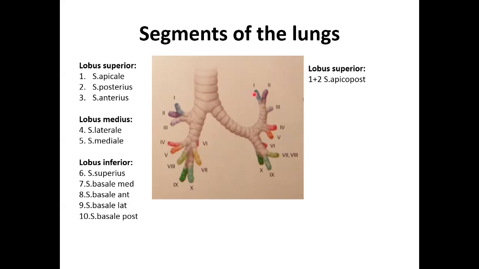So we can say that there is a united segment which is called segmentum apico-posterior, but nevertheless it's drawn here that there is number 1, there is number 2, but we write down that 1 plus 2 is segmentum apico-posterior. So the first segment is segmentum apico-posterior, which is the result of fusion of 2 segments.